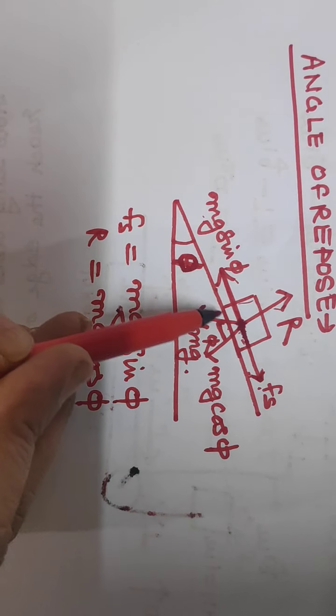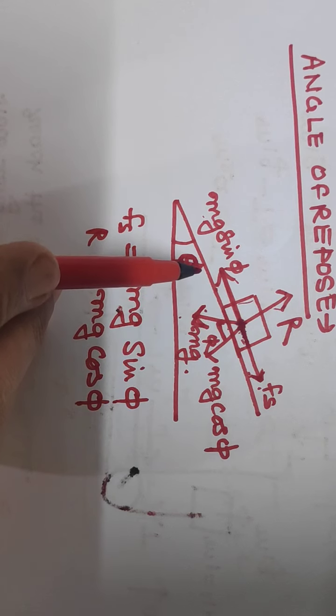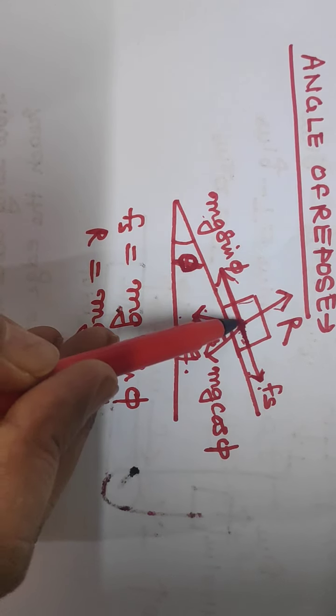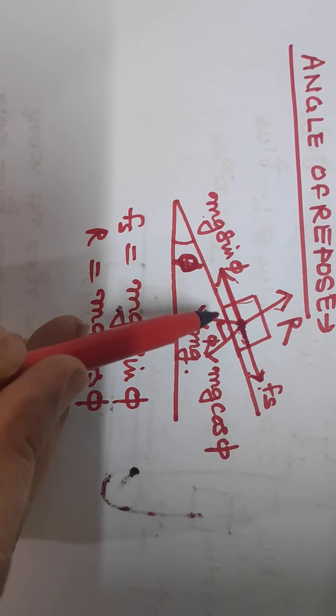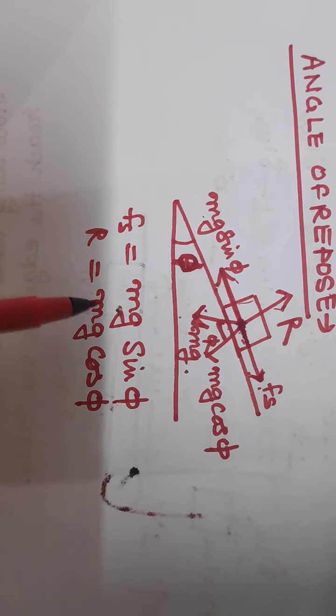Now we assume here that a body placed here just begins to slide down. If a little force is increased here, then it will start to slide. So it just begins to slide. At that condition these equations hold.